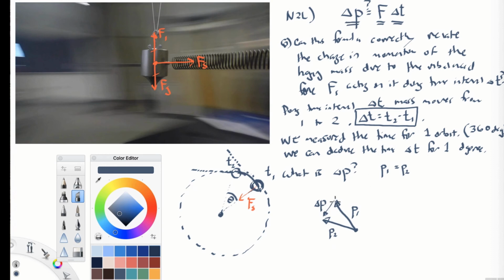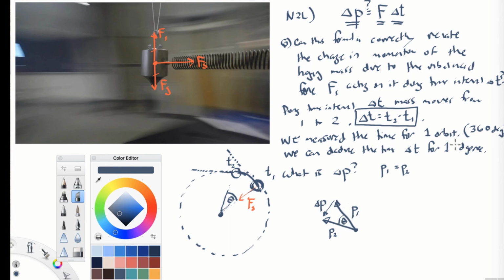How do we figure out how big this change in momentum is? Well, let me just remind you, when you have a triangle and you know 2 sides of it, you can find the third side as long as you know the angle theta. How do you do that? Well, we know that angle theta here is going to be the same as the angle theta over here. That angle theta is going to be the same as that angle theta right there.